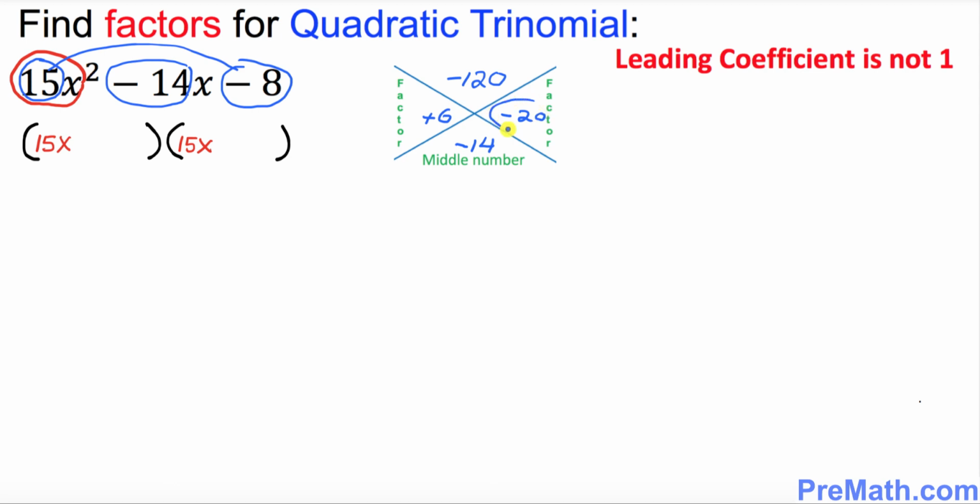If you multiply them, you're going to get negative 120, and if you add them, that's going to give you negative 14. So let me go ahead and put down positive 6 in the very first parentheses and negative 20 in the second parentheses.